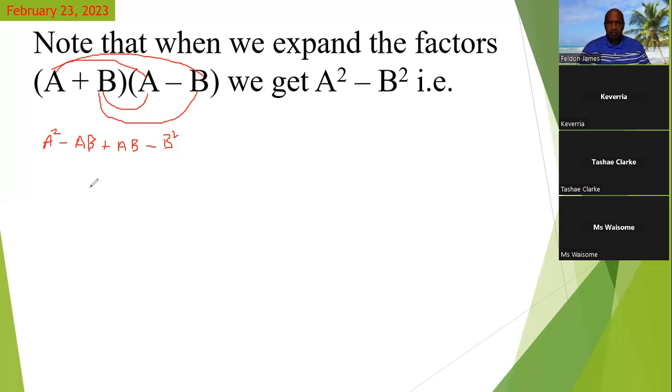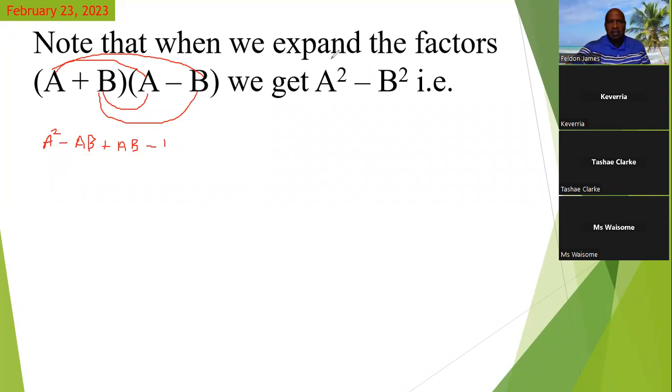So negative from positive will just eliminate it. If you take away a number from itself, it will leave you with 0. So when you have a positive and a negative of the same term, when you add them, you get 0. So if this becomes 0, then what are we left with? We'll be left with a squared minus b squared, sir.